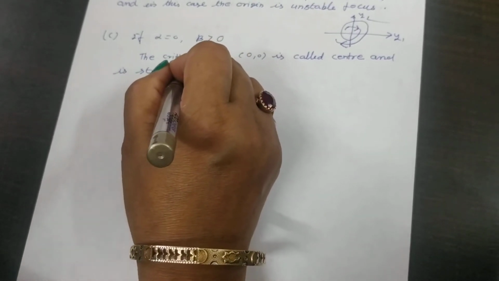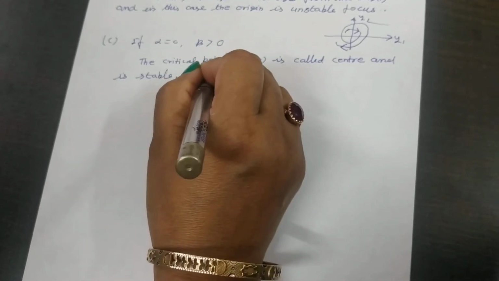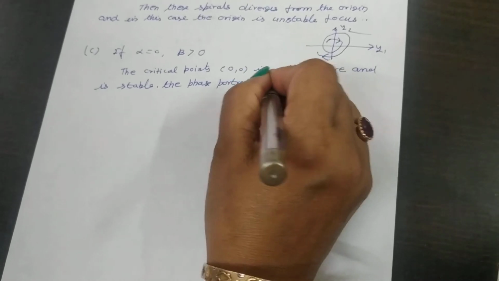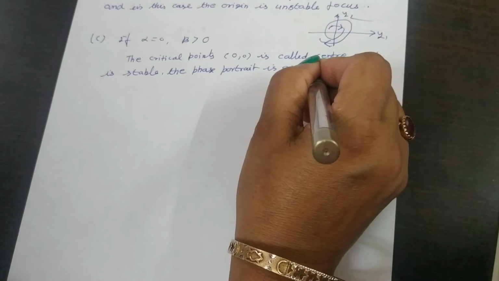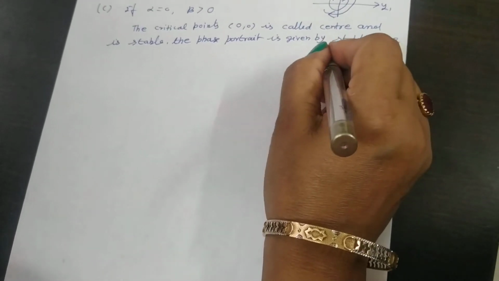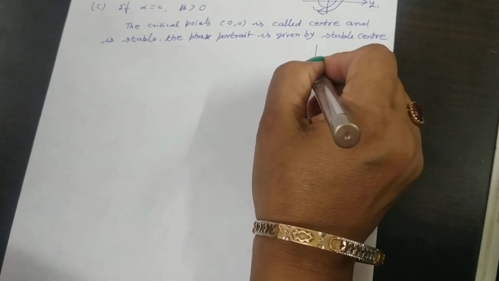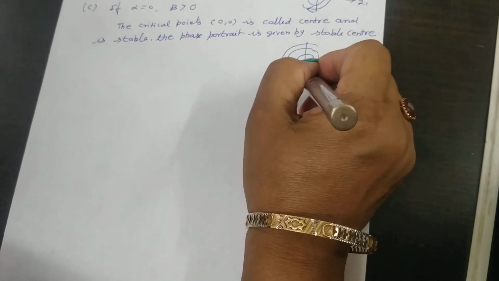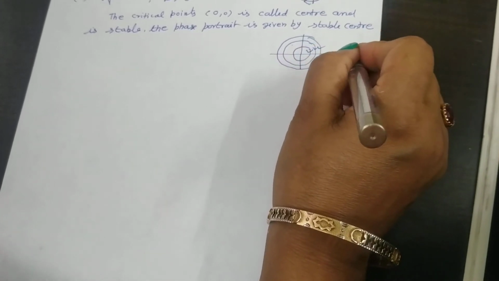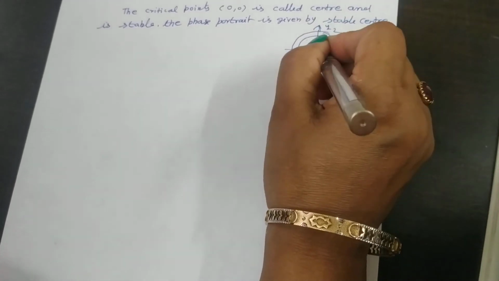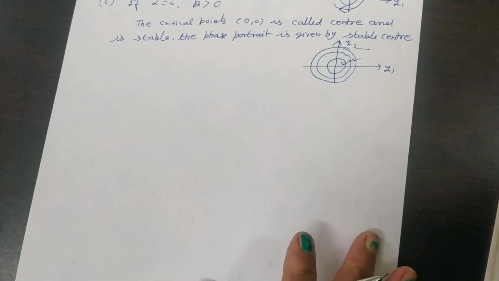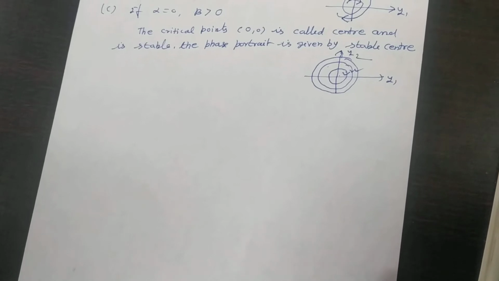The phase portrait is given by a stable center, defined like that, where everything converges. This one, y1 and y2.